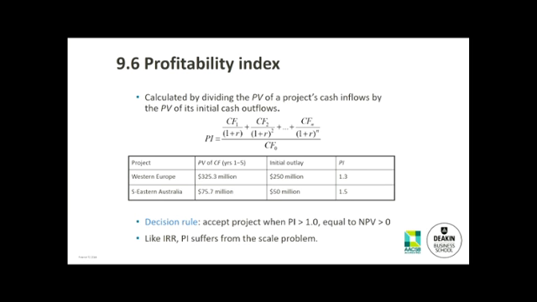It gives you higher per dollar return. And Western Europe will give you a lower percentage return. And again, like internal rate of return, it suffers from what? The scale problem. Up to this stage, any questions? Do you understand profitability index now?